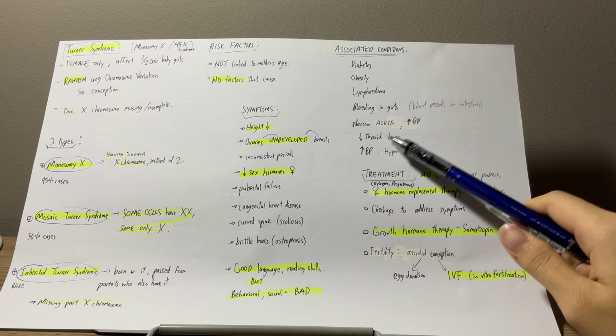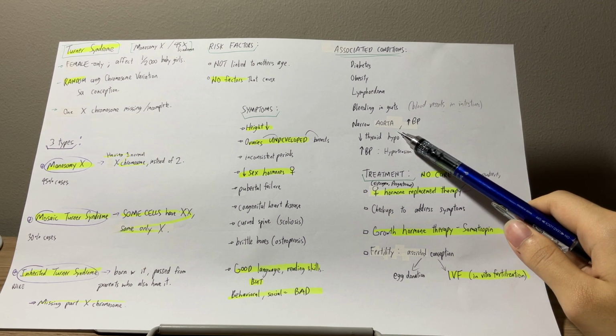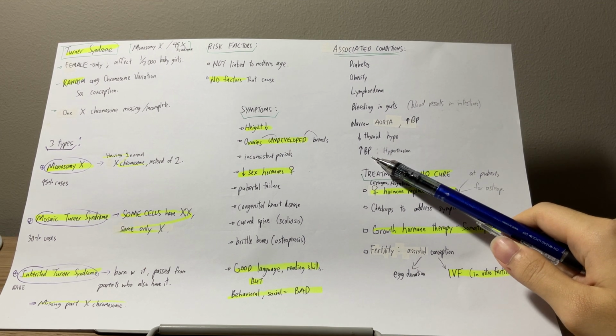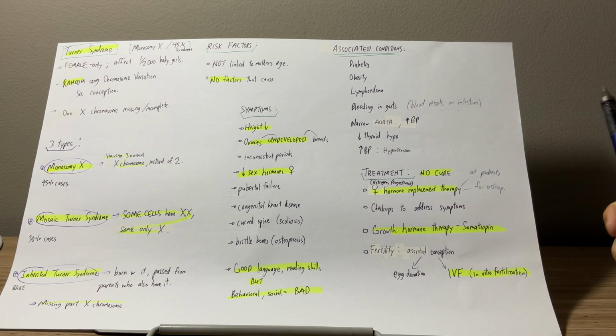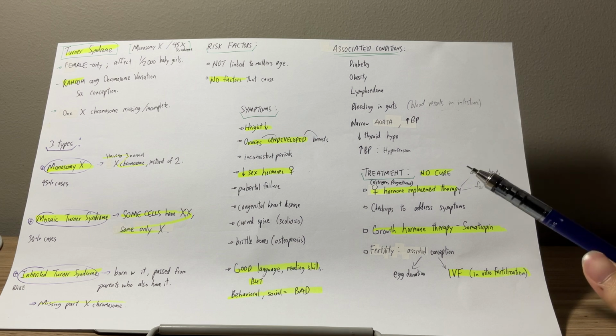So that's why it's called hypothyroidism. Increased blood pressure, that's equal to hypertension. Let me just confirm about hypothyroidism. Yes, the thyroid gland doesn't make enough thyroid hormones to meet your body's needs. I mentioned hormones, that is correct. I confirmed it already.